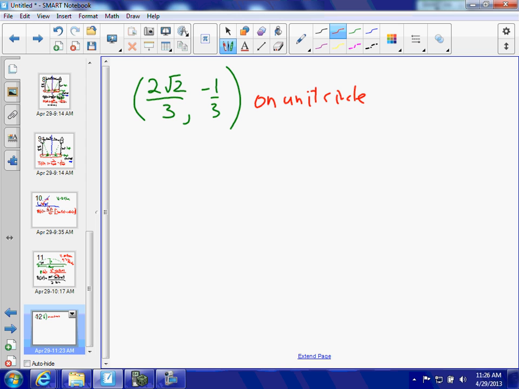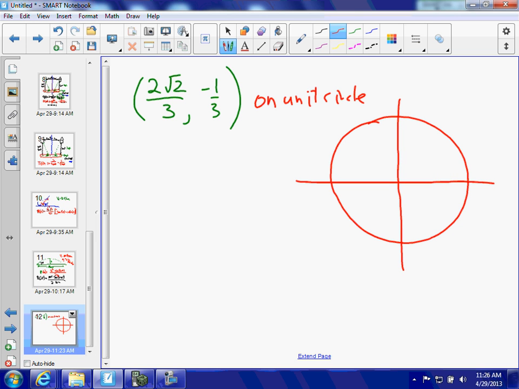So just remember here, let's draw a little unit circle. It told me that it's a unit circle. Here's my xy axis. And the point is 2 radical 2 over 3, negative 1/3. I don't know exactly where this is going to land, but I do know all students take calculus.